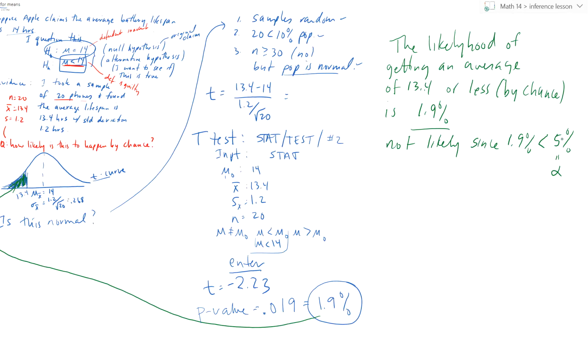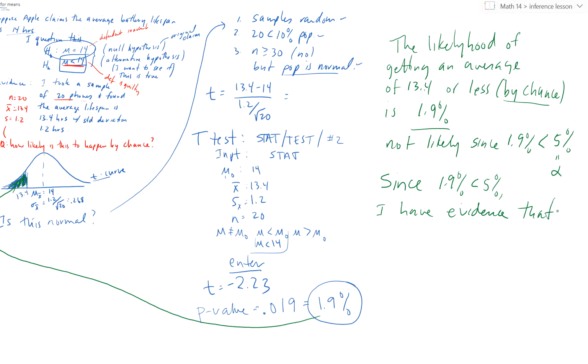So what's my conclusion now? If the likelihood is 1.9%, that's not likely to happen by chance, so therefore this is now evidence. So my conclusion is, since 1.9% is less than 5%, I have evidence that what?